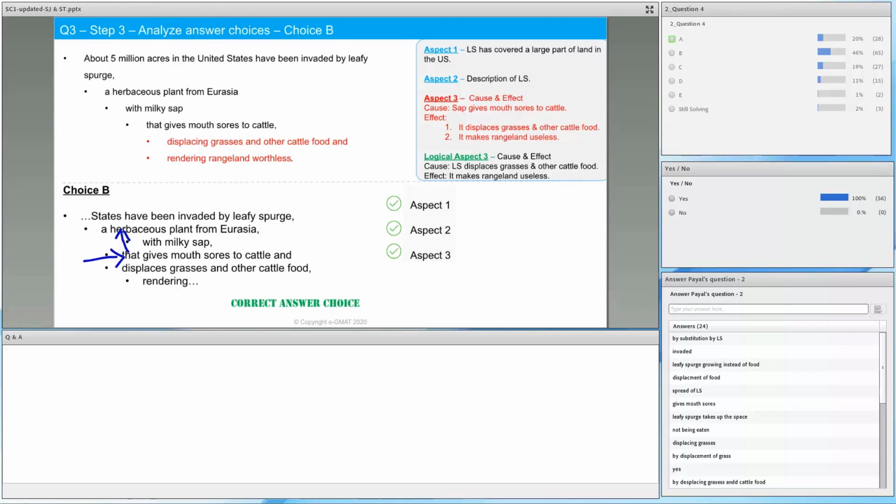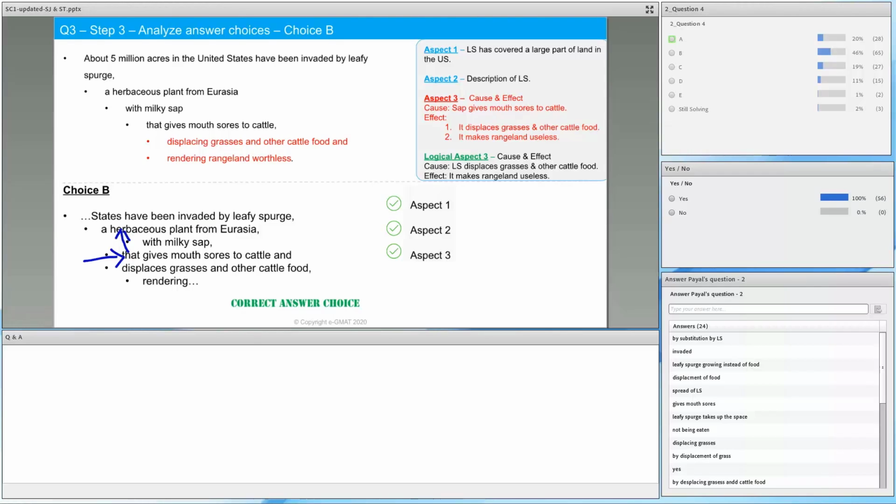What is that herbaceous plant? Leafy spurge. So if you thought that, hey, the original sentence said that it is the milky sap that gives mouth sores, but now this version of the sentence is saying that it is the leafy spurge that gave the mouth sore. Well, choice B changes the meaning. I'm not going to go with it.